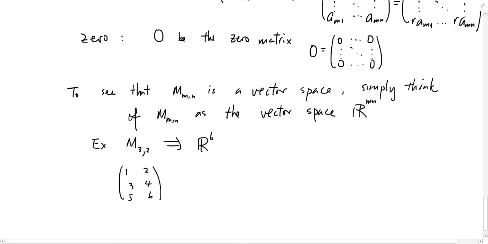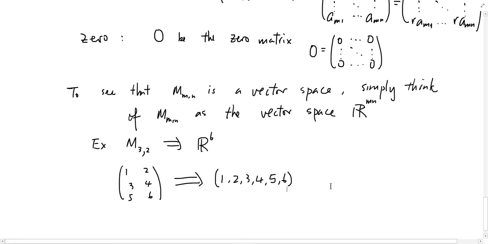That would be a matrix in M32. Well, guess what? That matrix is equivalent to the vector 1, 2, 3, 4, 5, 6 in R6. And therefore, if vectors in this form form a vector space, then matrices in this form would also form a vector space, because they are mathematically identical.